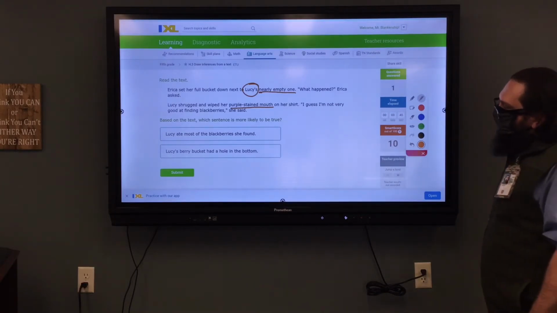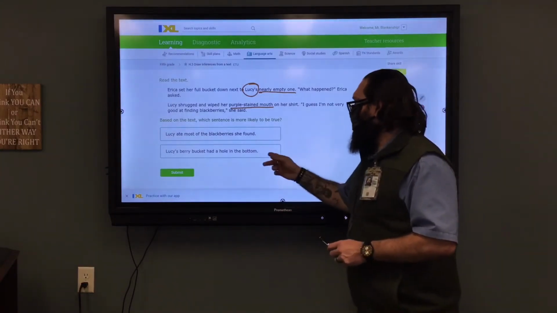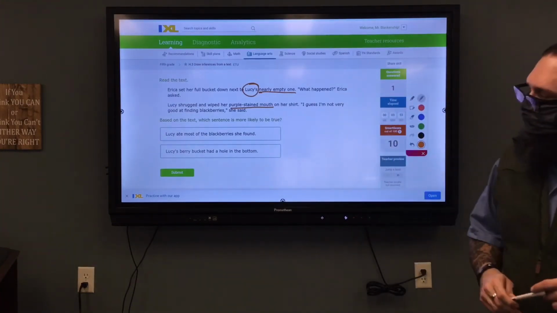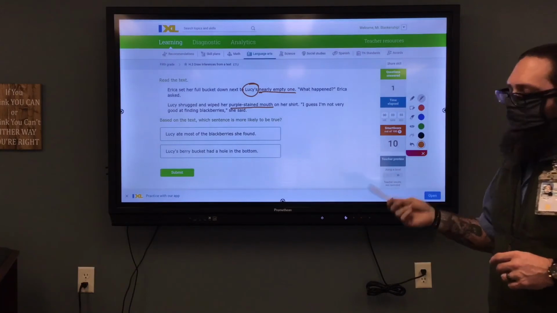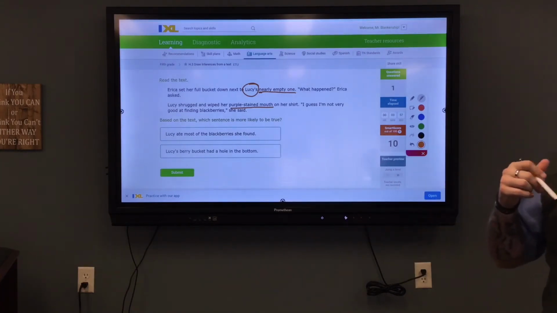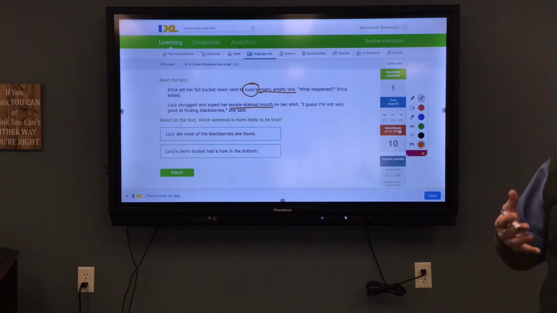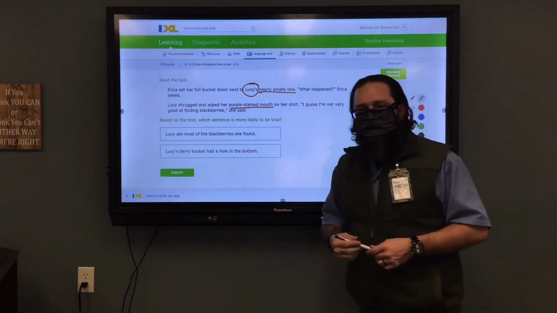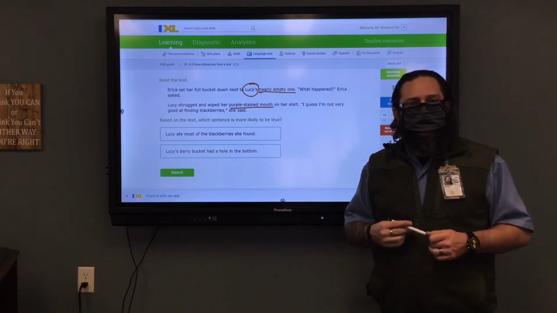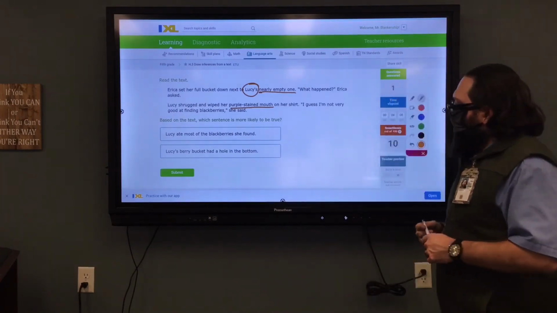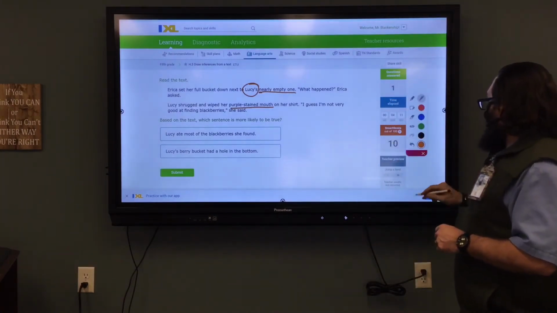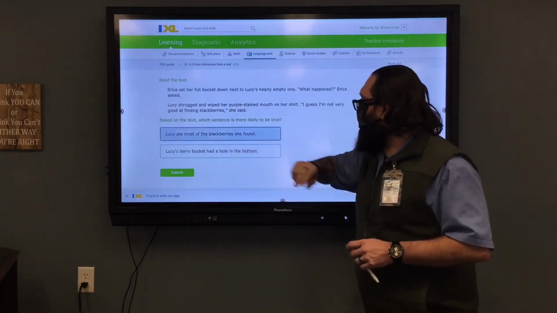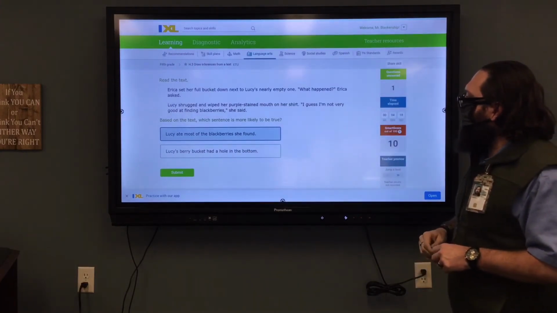The nearly empty bucket could support the idea that the bucket had a hole in the bottom. But when we take into consideration the purple-stained mouth, does the bucket with a hole in the bottom make as much sense as Lucy ate most of the blackberries she found? It doesn't make much sense. Right. So, based on the information given, we can conclude that Lucy ate most of the blackberries she found.